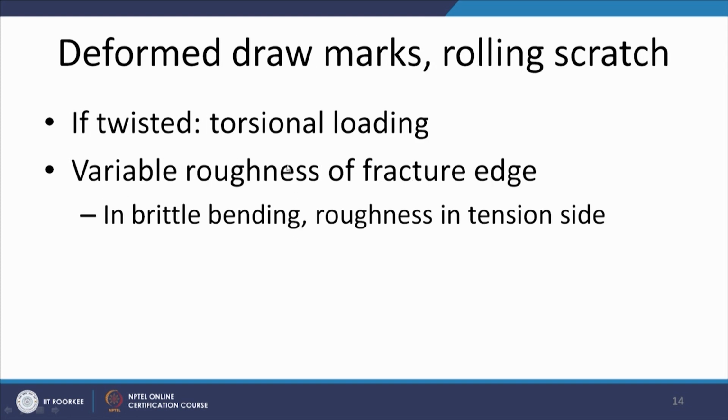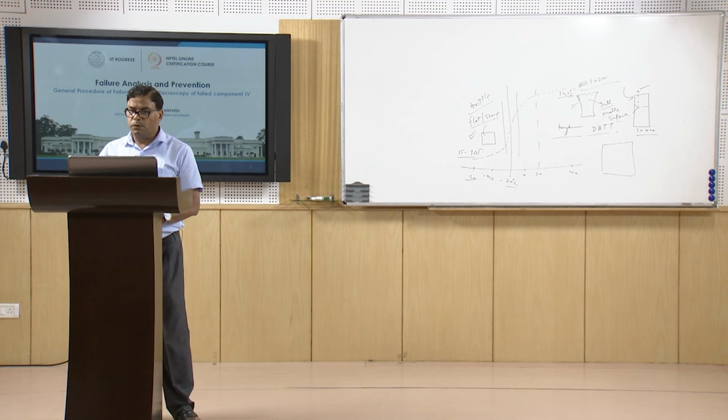When the deformed component has features like twisted marks, it indicates torsional loading, and when the surface roughness varies near the fracture edge, it indicates that in brittle bending conditions the roughness is more on the tension side as compared to the other side.